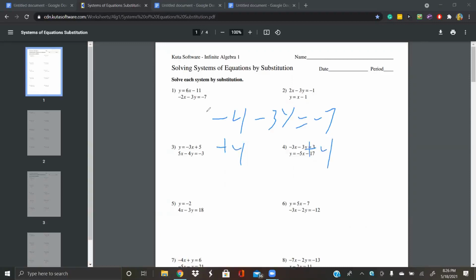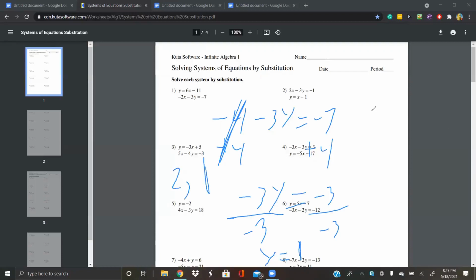This cancels out, and that leaves us with negative 3y equals negative 3. Then we divide by negative 3 on both sides to isolate the y, and we are left with y equals 1. So x equals 2 and y equals 1, so the solution is (2, 1).